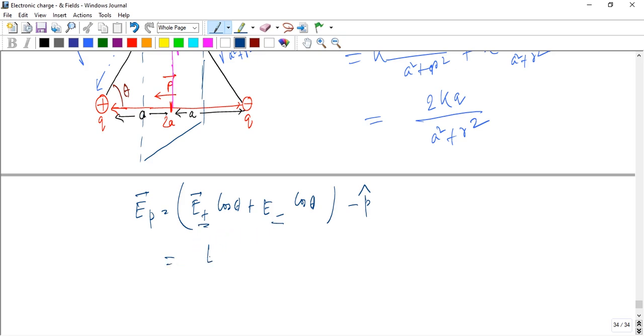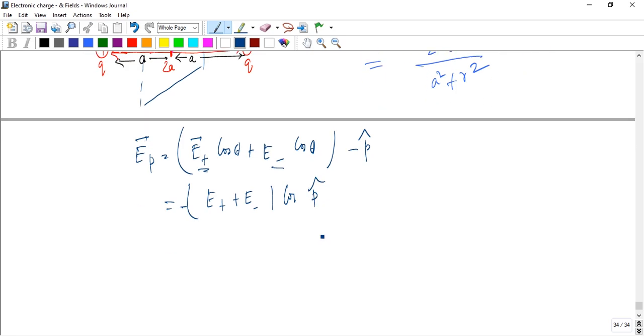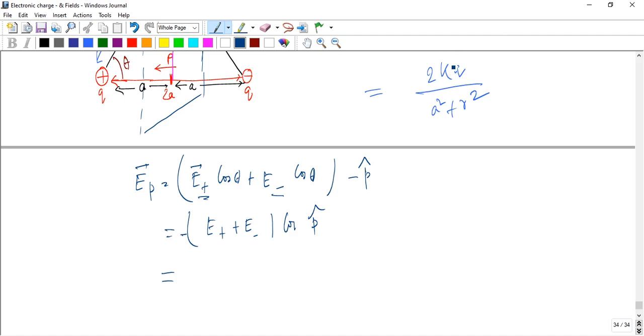So adding them we get minus 2KQ over A square plus R square, cos theta, P cap.